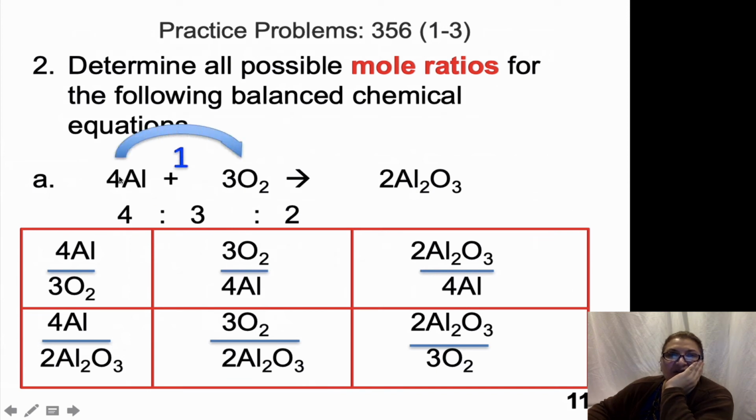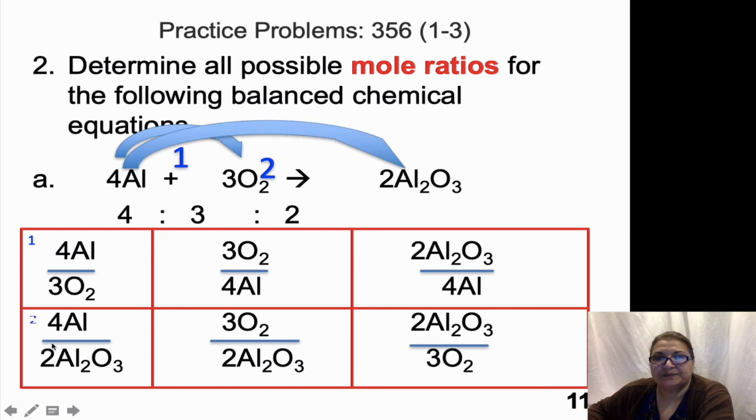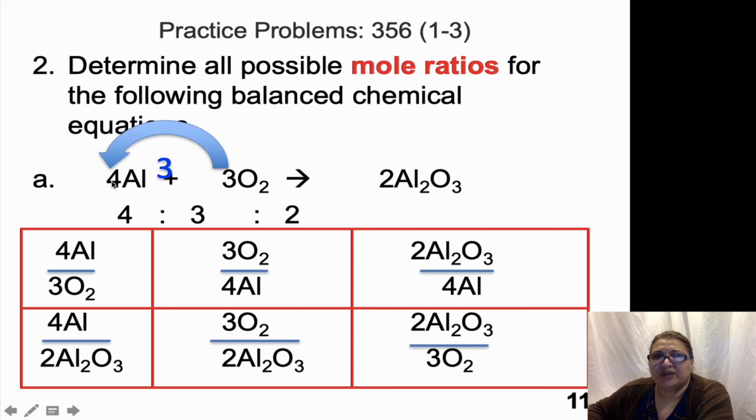So we start with aluminum divided by oxygen. That's the first mole ratio. And then aluminum divided by aluminum oxide. That's the second one. Then we take the oxygen divided by aluminum. Oxygen divided by aluminum oxide.